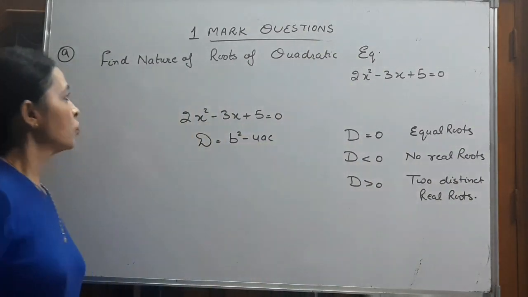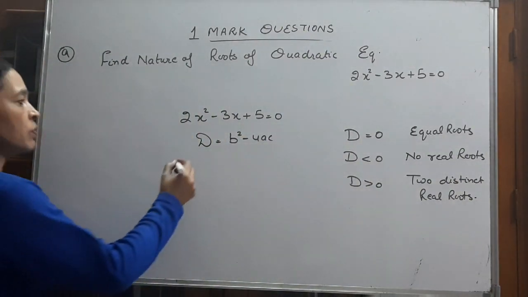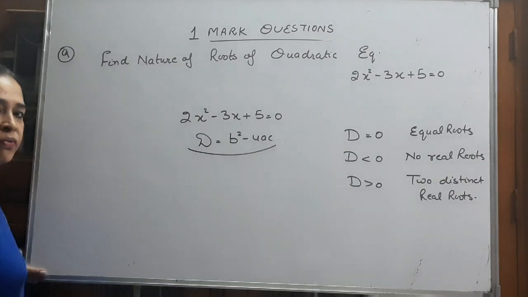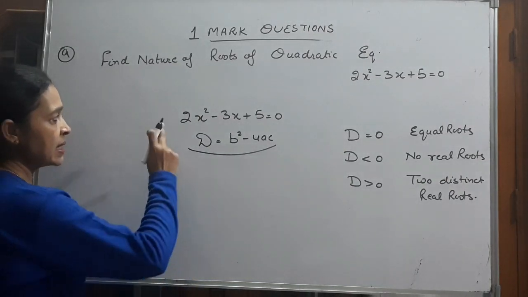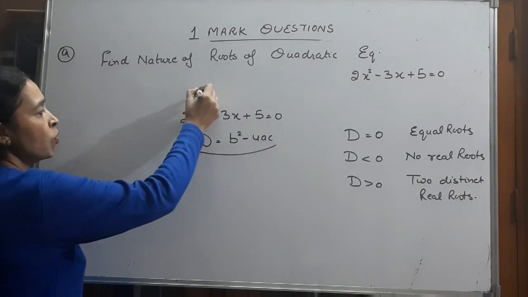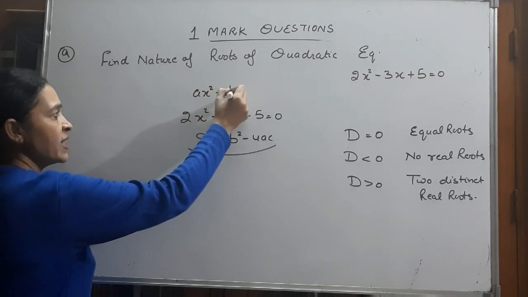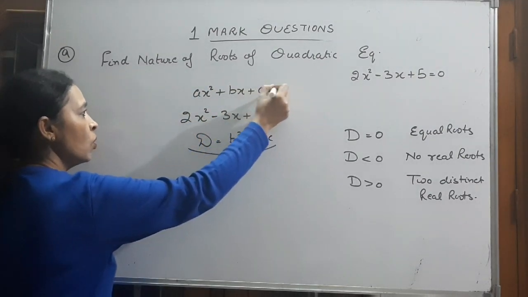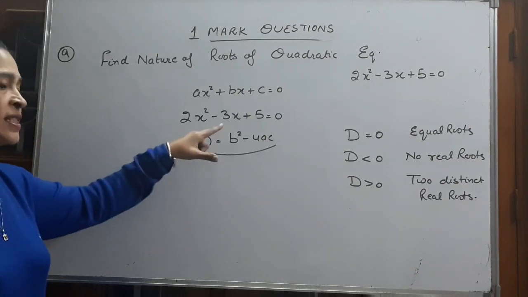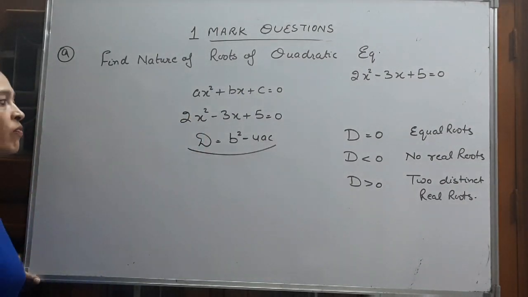Now, to find out the nature of the quadratic equation, first we will find the discriminant D, which equals b square minus 4ac. The general form is ax square plus bx plus c equals 0. What is a? 2. b is minus 3 and c is 5.